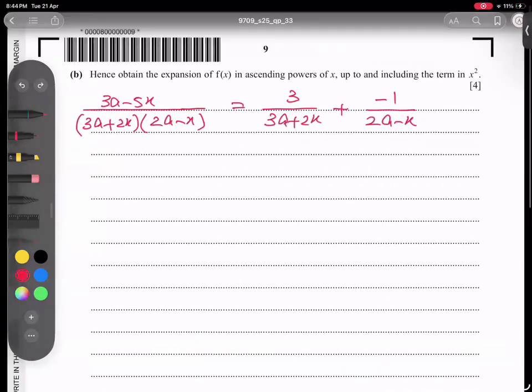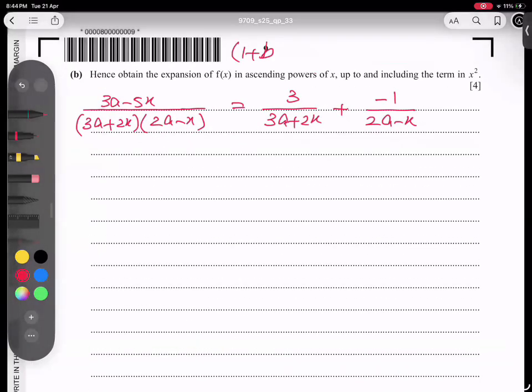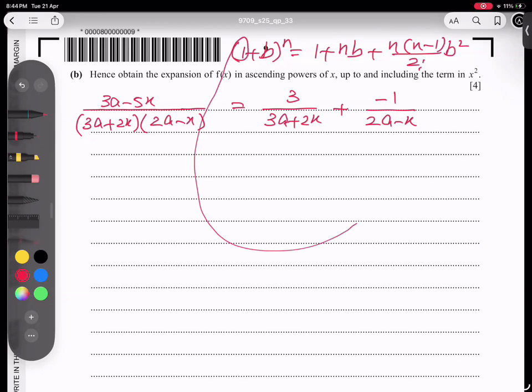Basically, the formula is 1 plus b to power n equals 1 plus nb plus n into n minus 1 over 2 factorial into square of b. This is only applicable when we have a 1 here and plus 1, not even -1. So I'm bound to have a plus 1. x I will not disturb. So when I take 3a common, here I got a 1, but 3a is not present here, so 3a will go under 2x.